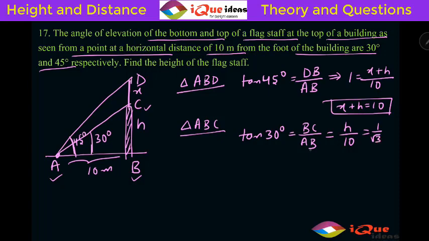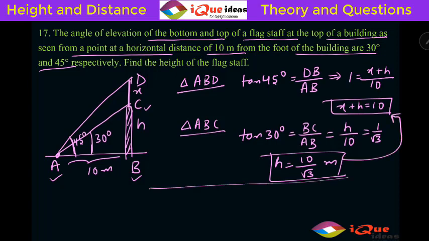So from here we can directly see that H is equal to 10 by root 3 meters. So we have the value of H equal to 10 by root 3 and X plus H equal to 10. If you put it in this equation, you will get X plus 10 by root 3 is equal to 10. So we have X equal to 10 minus 10 by root 3.